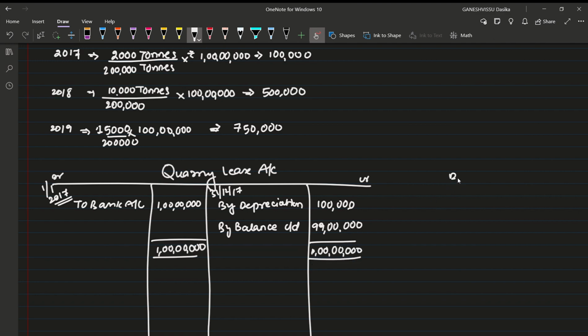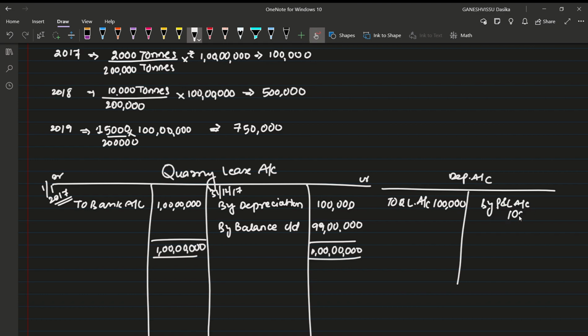And if you want to prepare the depreciation account, you write on the debit side for the first year to quarry lease account 1 lakh rupees, and at the end of the year we transfer it to P&L account, by P&L account 1 lakh. This is for the year 2017, dated 31st December 2017.